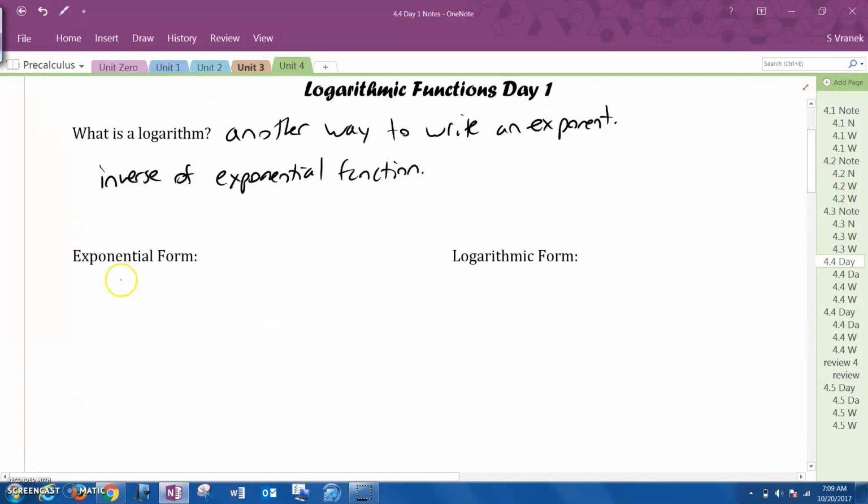So remember exponential form, we said it's like f of x or y. I'll use y's for this. y is equal to a to the x. Logarithmic form rewrites this so that the exponent is what you're equaling it to.